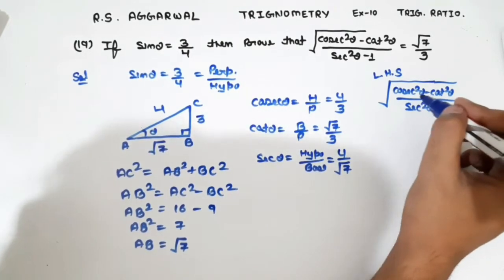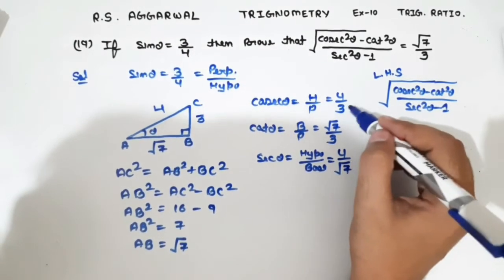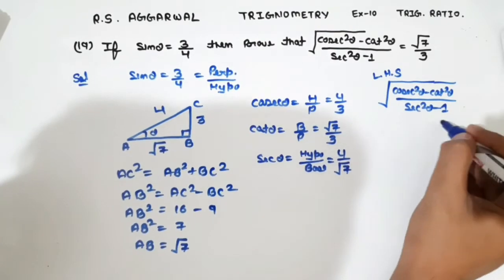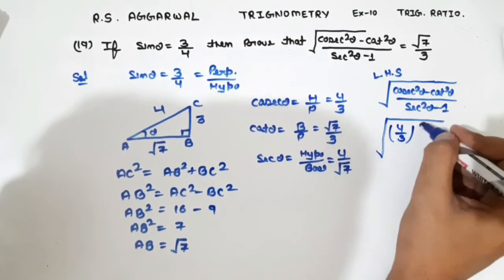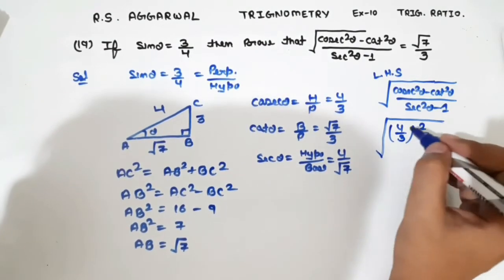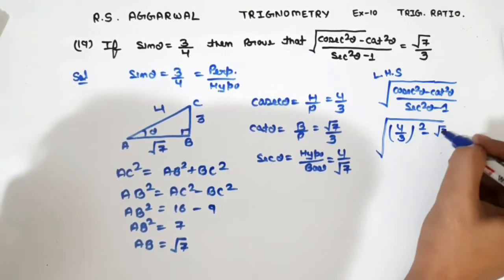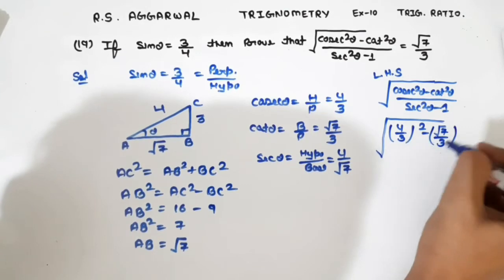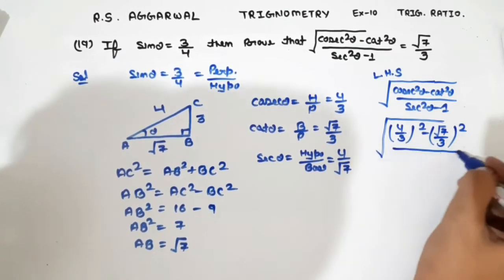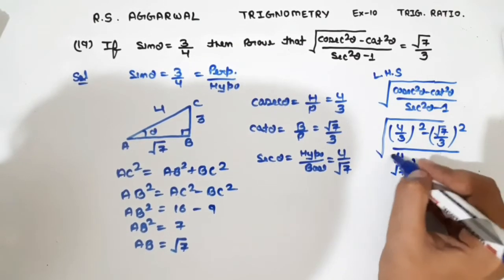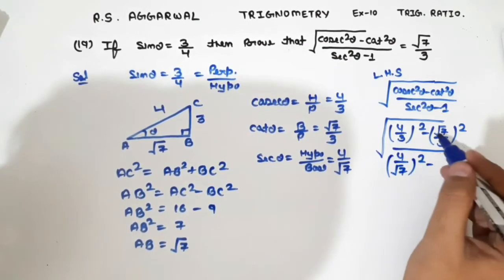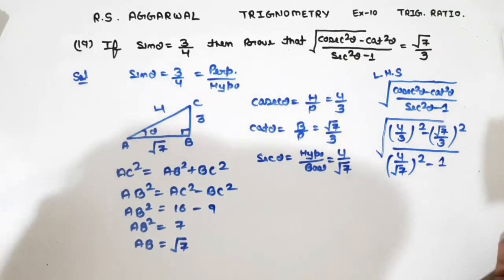So cosec theta is 4 upon 3, so cosec square theta will be 4 upon 3 whole square, minus cot square theta will be under root 7 upon 3 whole square, upon sec square theta, that is 4 upon root 7 whole square, minus 1.